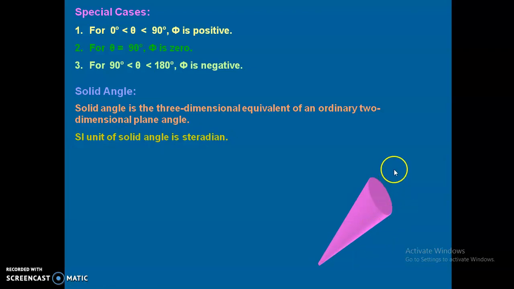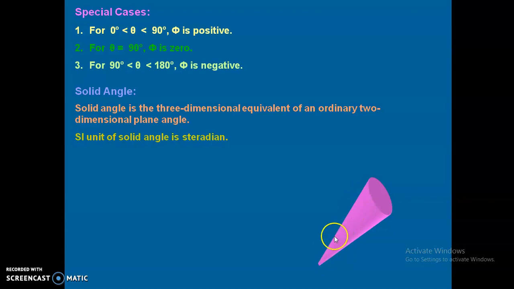Let us understand how the solid angle is explained. Suppose we choose an area over a surface. Suppose it's a sphere, and on the surface of the sphere we choose a small area like this, and we join the boundary of this area to the center of the sphere.